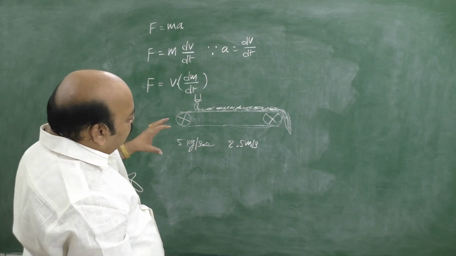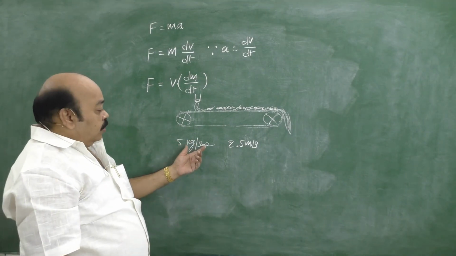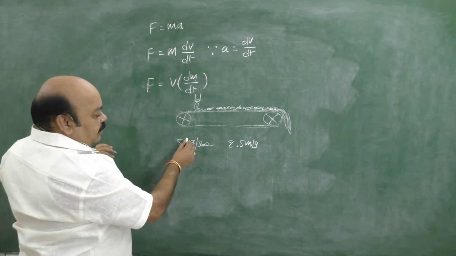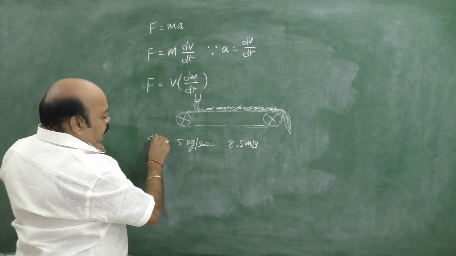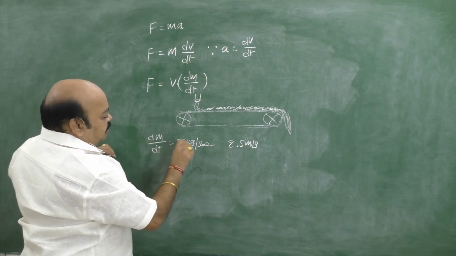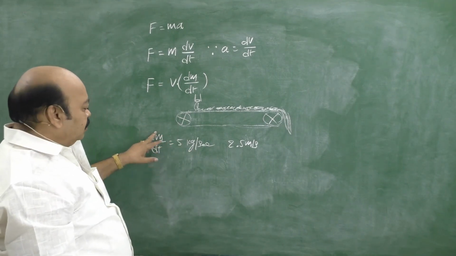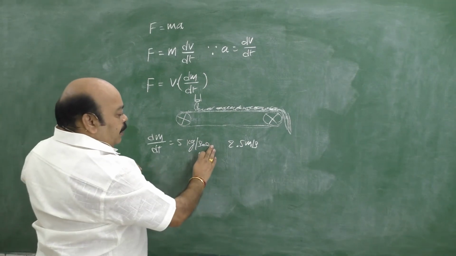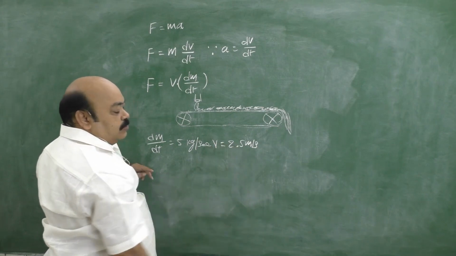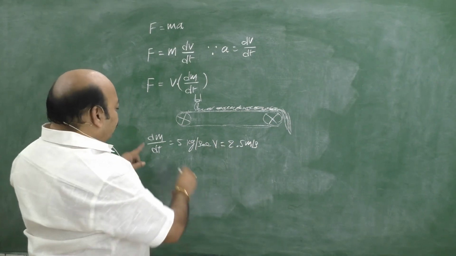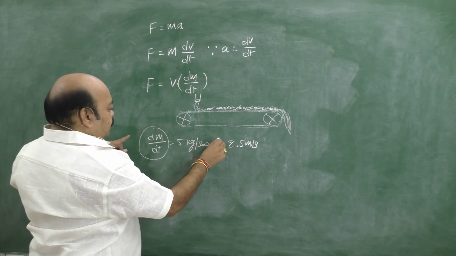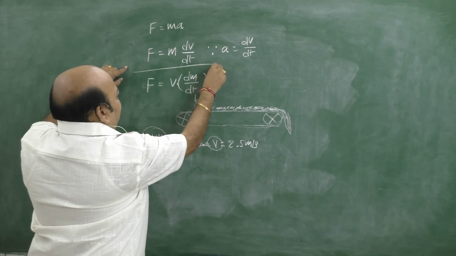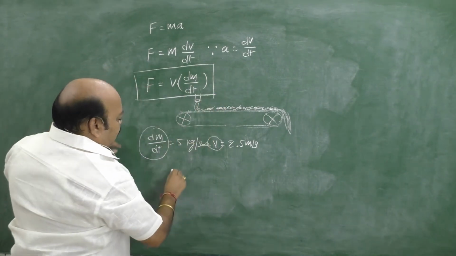Once we look at the unit of this one, it should be in your mind. See, 5 kg per second is nothing but dm by dt. Am I right? Mass by time, kg per second. It is to be maintained with a constant velocity, V is equal to 2.5 meter per second. So we have dm by dt and also V. If we substitute in this equation, we can calculate the force required.